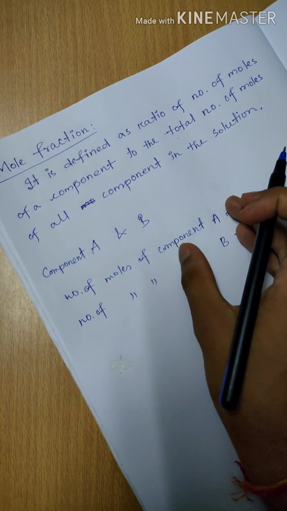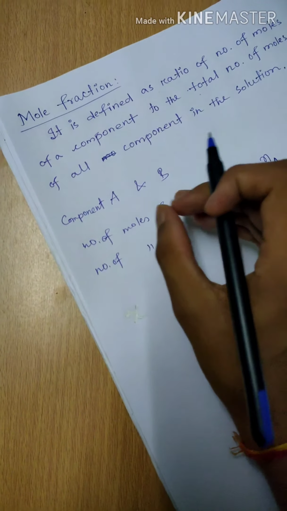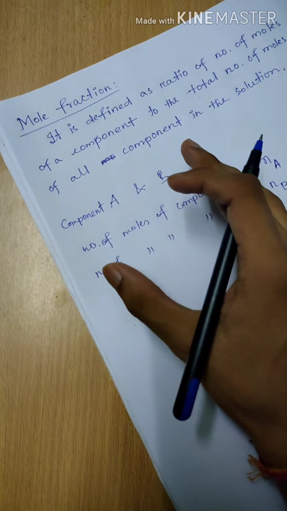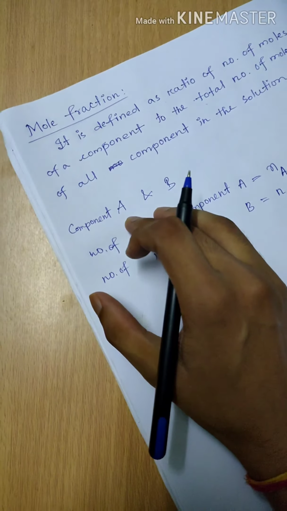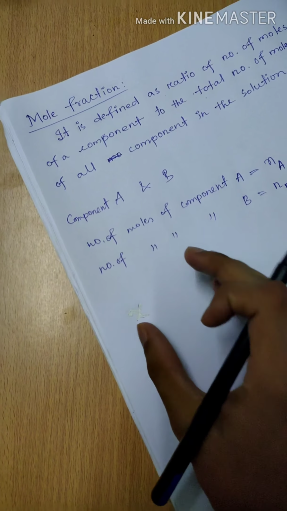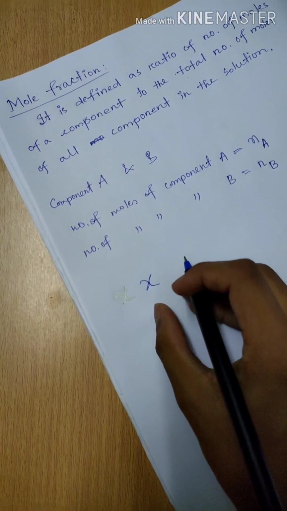Now if we are to find the mole fraction of component A, then how shall we calculate it? So now see, the mole fraction of any component is denoted by the symbol xi.